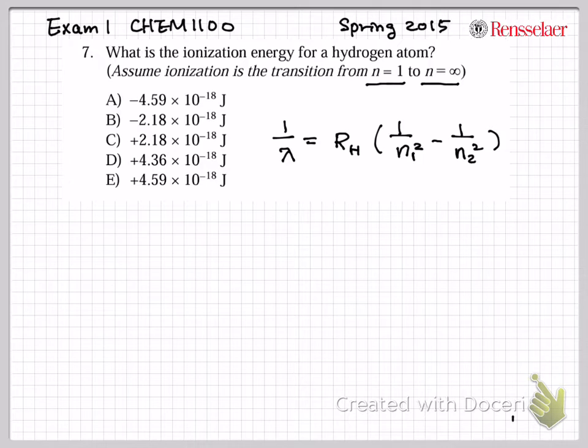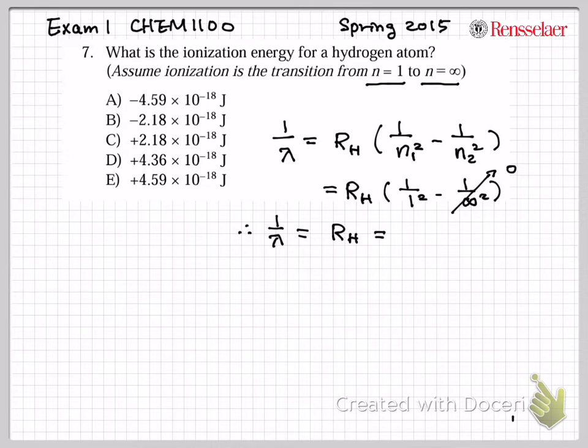In this case, n1 is 1 and n2 is infinity, so this will be 1 square minus 1 over infinity square, which will be 0. So therefore, the inverse wavelength will be the same as RH, and in the textbook it says 1.1 times 10 to the 7 inverse meter.